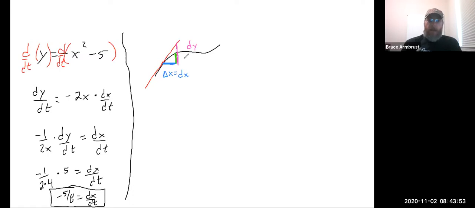The one that's the actual change in our function value is the delta y. Okay, so that's what the two different things are, the delta x, delta y versus the dy and the dx. And really the idea is that if delta x or dx is small, then delta y and dy look pretty much the same.